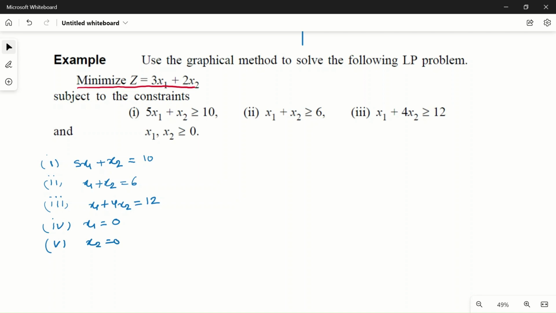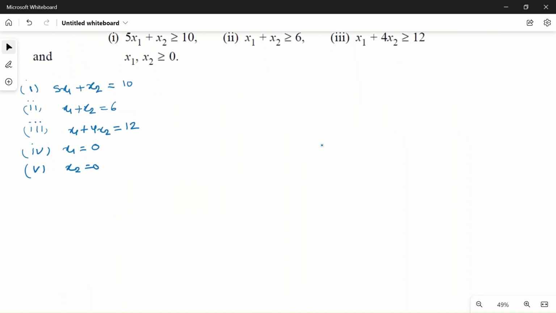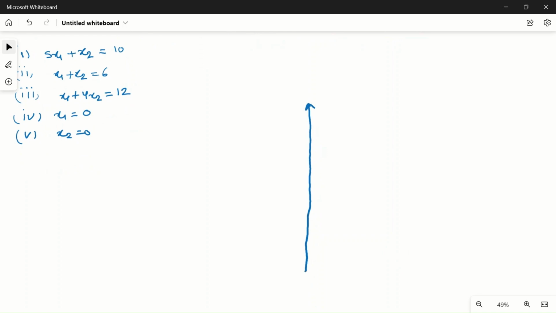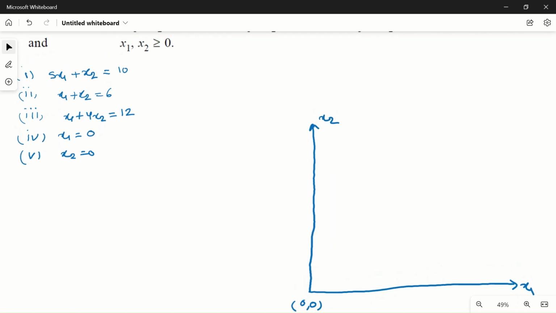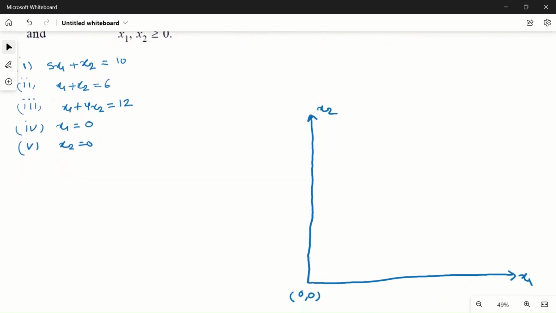So how to solve this? First of all, we will make a graph. We have two variables, so we will make a graph in two variables, x1 and x2. This is x1, this is x2, this is our origin 0 0. First of all we have to draw the line 5x1 plus x2 is equal to 10.